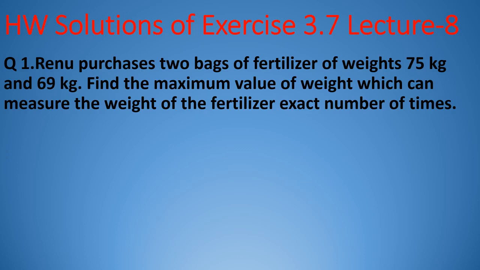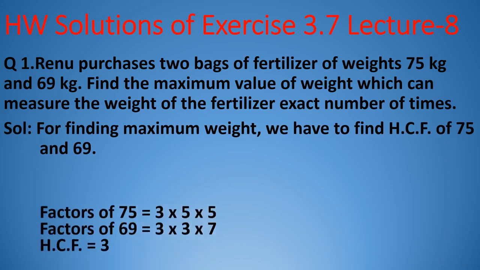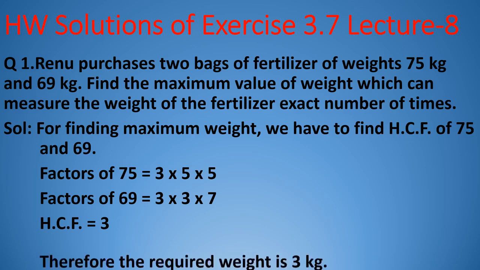Maximum also means highest. So in this we have to find the HCF of 75 and 69. Any method you can follow. I have used the prime factorization method here. The factors of 75 are 3 multiplied by 5 multiplied by 5. The factors of 69 are 3 multiplied by 23. What is the common factor? 3. So the required weight is 3 kilogram.